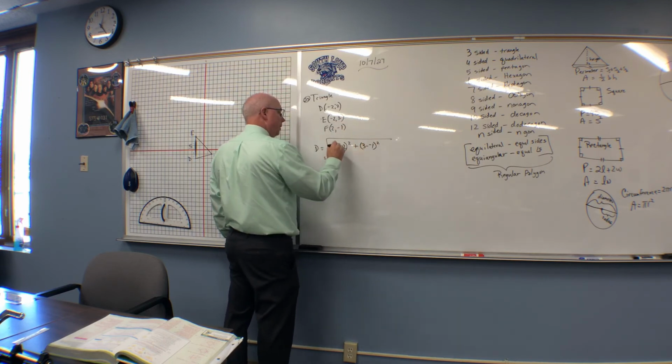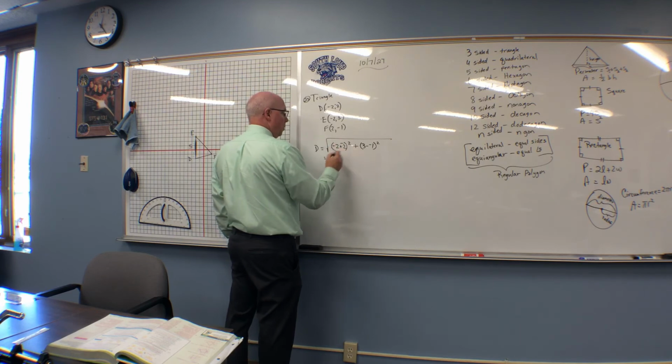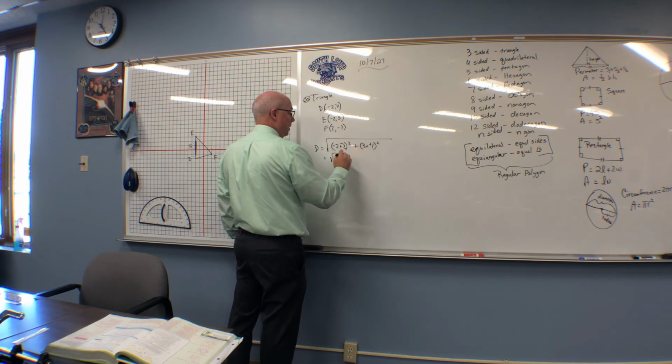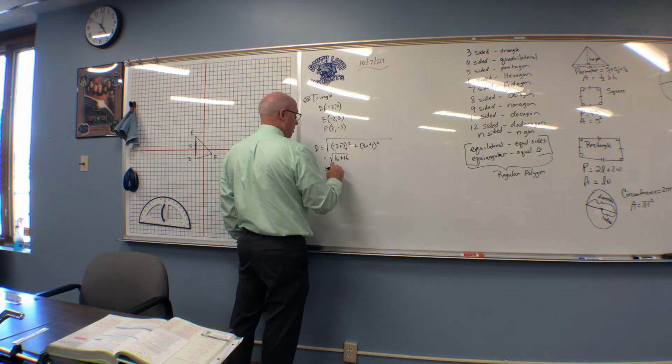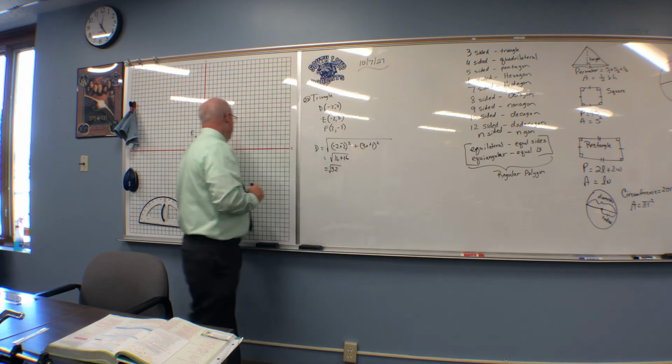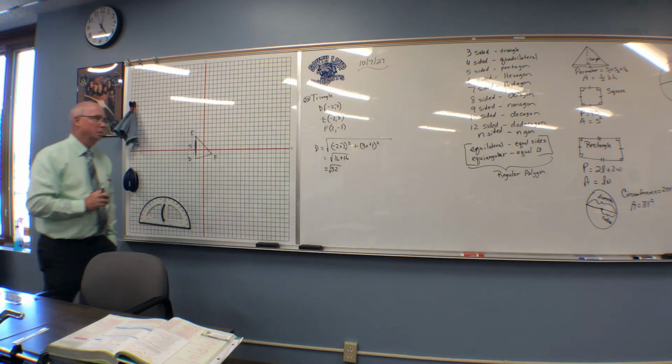Negative 4 squared is 16. So we have 16 plus 16, right? I got the square root of 32. Is that what you got? Wait a minute. Why don't you have F in there?